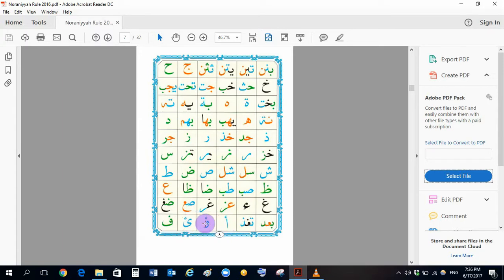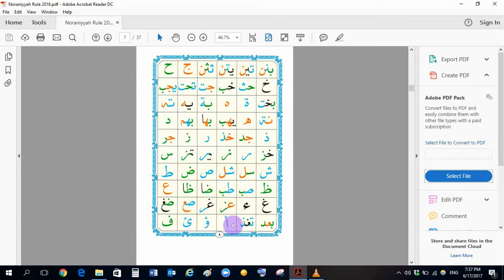So I ignore this, we call it in Arabic kursi, and it means the seat of the Hamza. So the seat doesn't make any difference for the pronunciation of Hamza, because this is Hamza and here is Hamza and here is Hamza. That's why we call it Hamza, Hamza, Hamza.